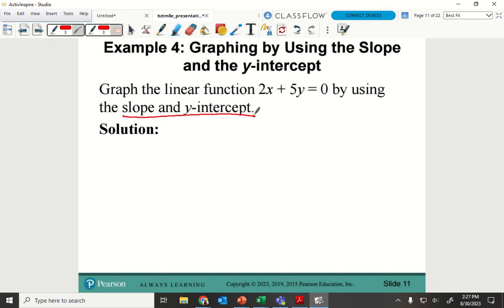Because it's asking for that, when you put your points on the graph, it's going to be wrong if you only use the points on the x and y axis. You have to change this. We have to do a little bit of algebra.